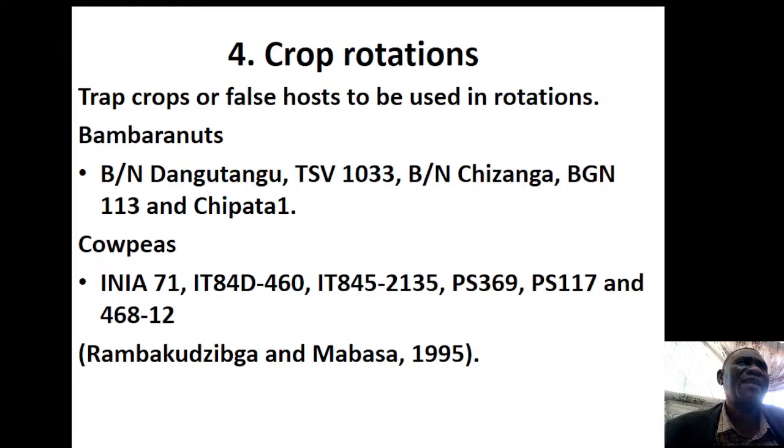So we had bambara nuts, and so on. And also cowpeas, which were particularly good in reducing Striga seed in the soil by causing a lot of germination. So you can rotate your maize with either bambara nuts or cowpeas.